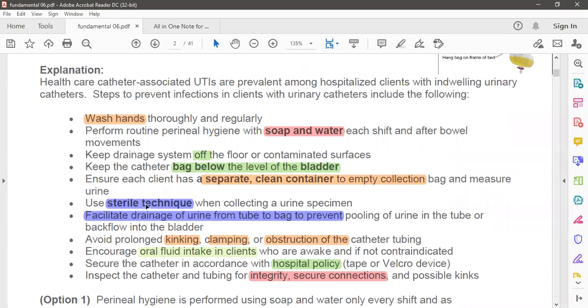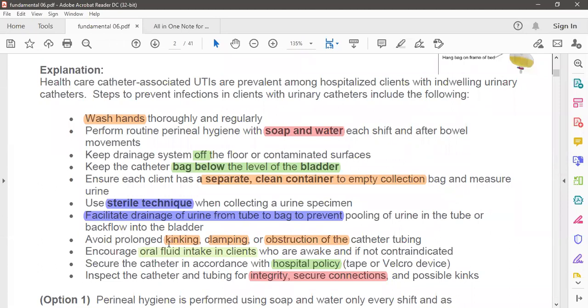And use sterile technique when collecting a urine specimen. And also facilitate the drainage of urine from the tube to the bag to prevent pooling of urine in the tube or backflow into the bladder.